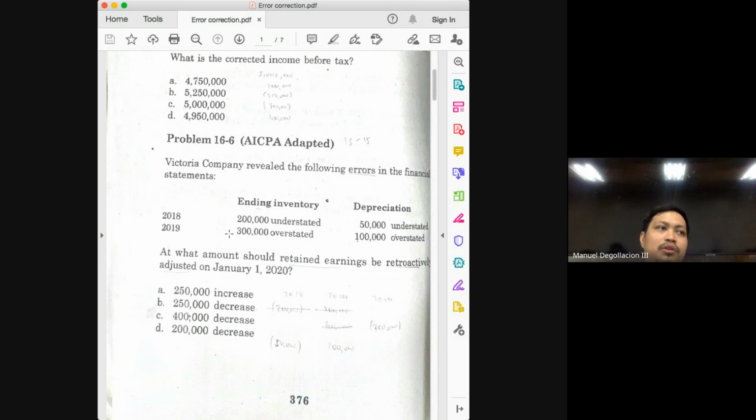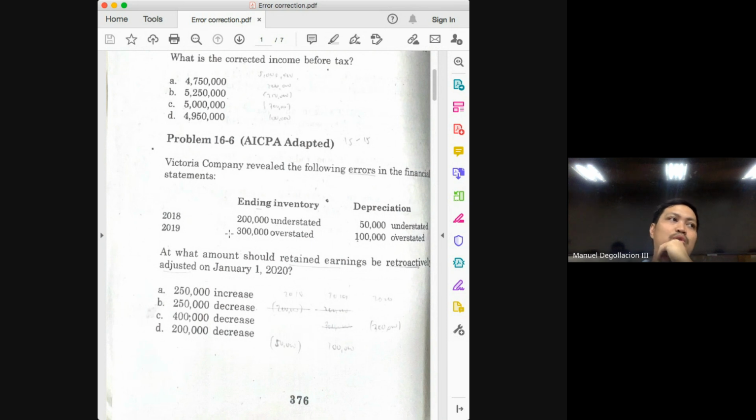Okay? To get your net purchases, gross purchases minus purchase discounts, purchase returns and allowances, but do not forget to add freight in. But for this topic, what do we need? We just need net purchases. So in solving for cost of goods sold, we start with beginning inventory. You add net purchases.